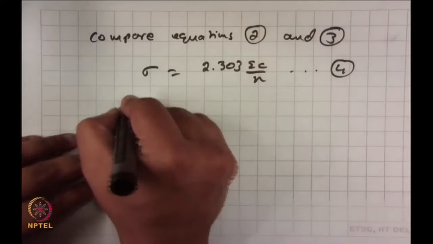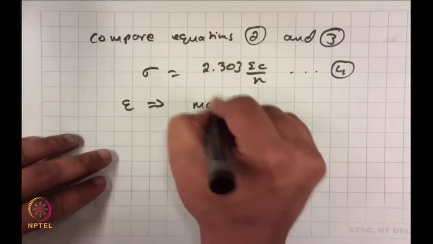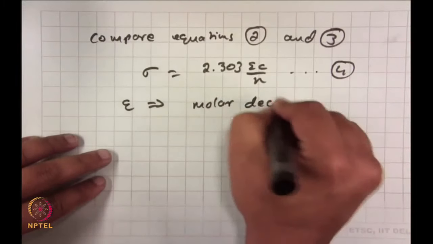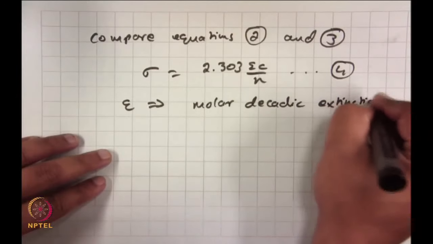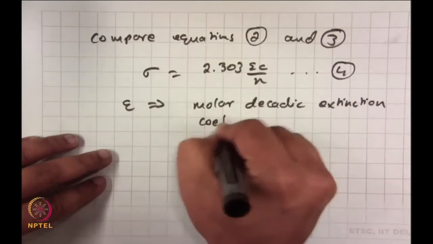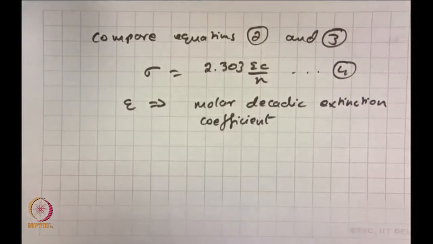Epsilon is referred to as the molar decadic extinction coefficient. Okay.